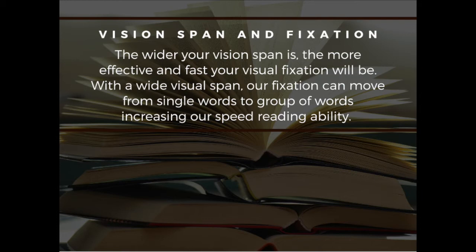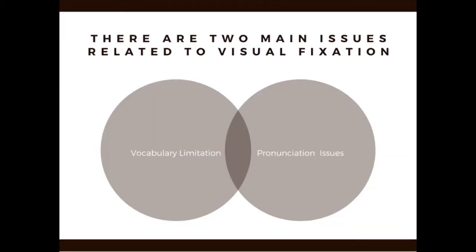Some of the main problems that put a limit on this visual fixation are our vocabulary limitation. Once we read a word that we're not familiar with, a word that we struggle to read, our visual fixation will go from a clump into one single word for us to understand it. And of course, something that correlates to it is our pronunciation issues.